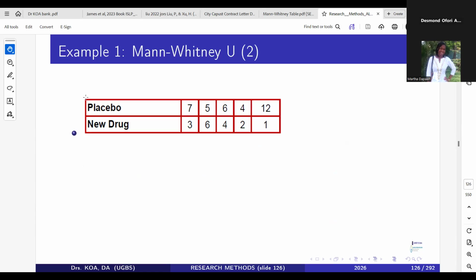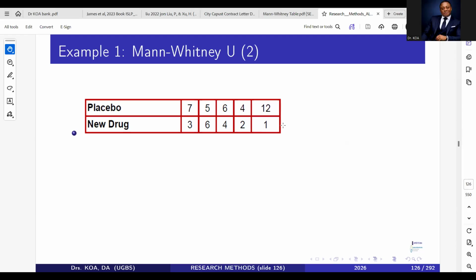Is it the new drug group or the placebo group? Desmond. Which group appears first in the table? The placebo. So the placebo is coming first. So that is what you have to take note.